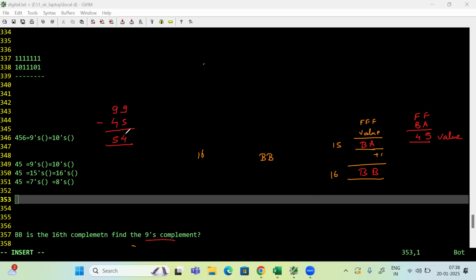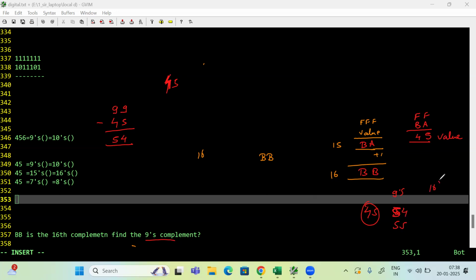9's complement, 10's complement, and 15's complement. You started with your value. I got 45. I have given, right? What is the value I have given? 45, no? And I had to equivalent 9's and 10's complement. What was the 45 9th complement? 54 and 55, correct?